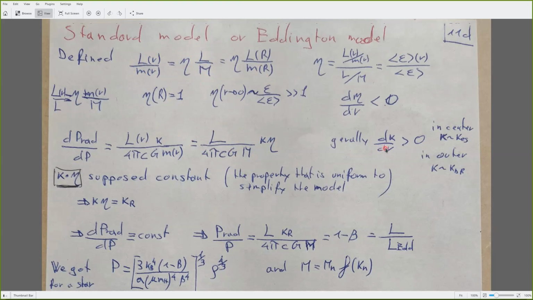We know that the opacity increases with the radius. The radial derivative is greater than 0. This is because in the center we usually have just electron scattering, which is really a small value, while in the outer envelope, the outer layers, we usually have bound-free opacity, and this can be really high.